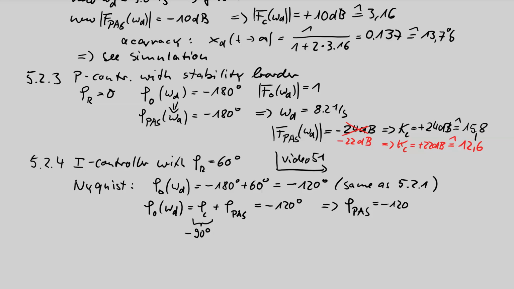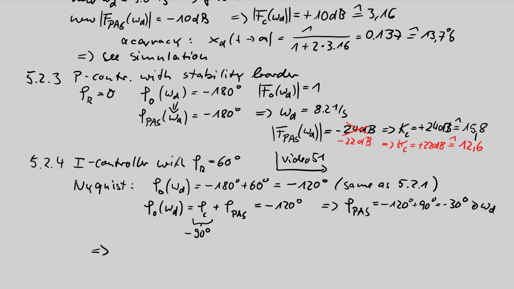Negative 120 plus 90 is negative 30, at omega d. That finally gives the new solution.